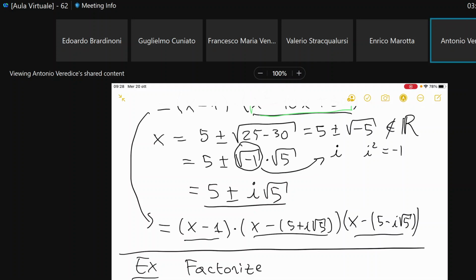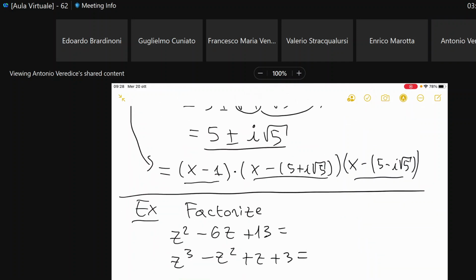Okay, I use z just to remind you that you have to work in C. But if I wrote x it was the same, x squared minus 6x plus 13, factorize them using the roots. And also z to the power of 3 minus z squared plus z plus 3. Factorize it. Okay, this is homework.